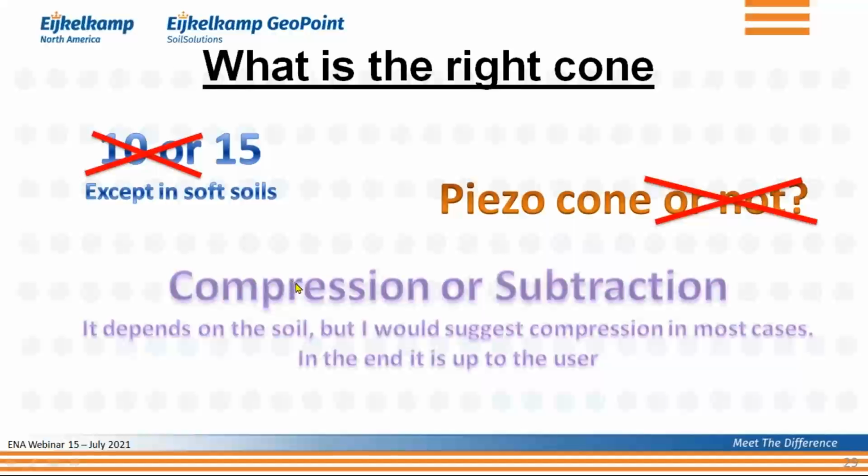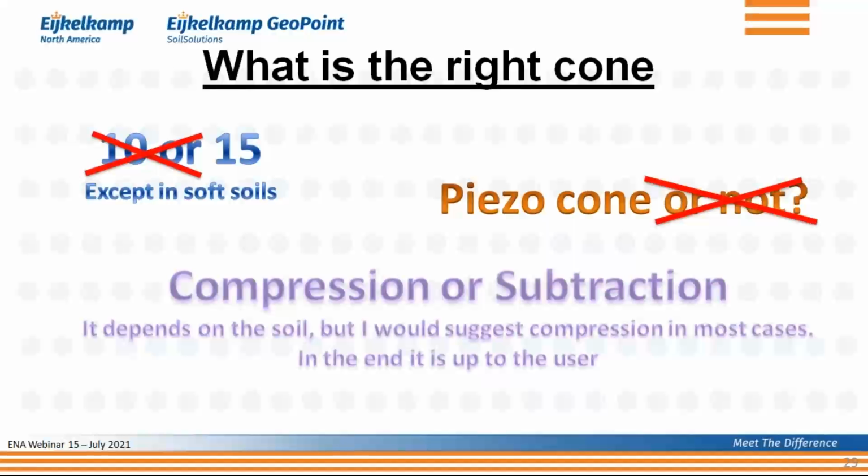Similarly, if you then have a 10 centimeter square cone to deal with your sensitive soils, always go with a 10 centimeter square compression type cone. And in that case, you can move from a 15 centimeter square cone, because that's what you want to have, the more sturdiness and the more robustness, make it even stronger, and go to a 15 centimeter subtraction type cone.